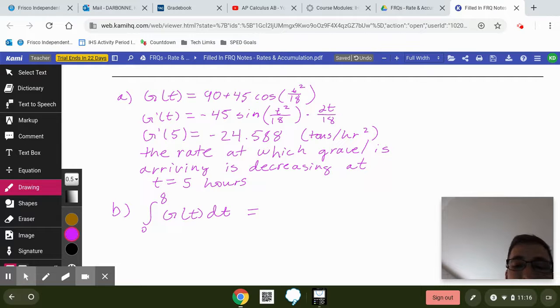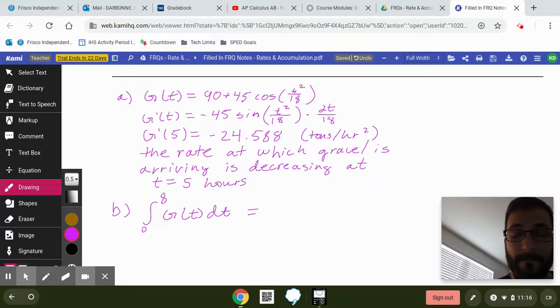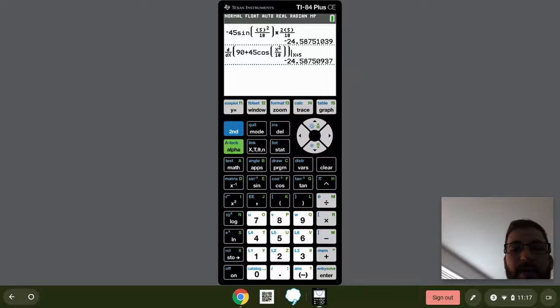So going back to our calculator, if it will ever get there. Sometimes my computer does not cooperate. There we go. All right, so math, integral 0 to 8. And then our function is 90 plus 45 cosine of x squared over 18 dx.